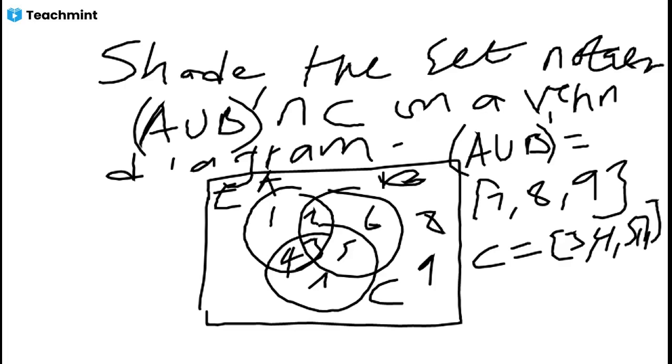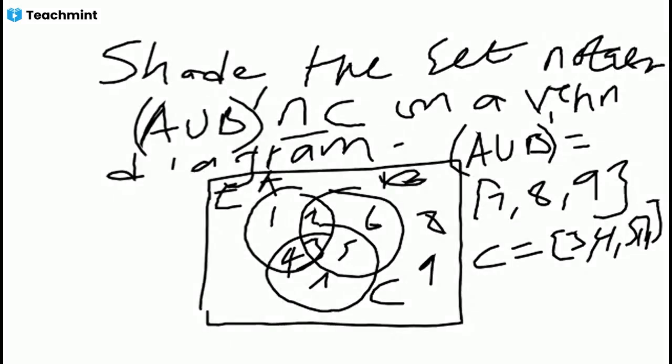So the operation between the two parts is intersection. You ask the question, what element appears in the two notations given? What we're able to see is the element 7.